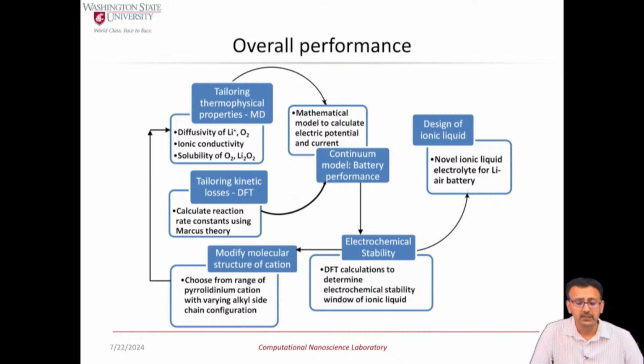And then in the case of a liquid electrolyte, the electrochemical stability becomes very important. Even if you have an electrolyte that performs pretty well in terms of its current voltage characteristics, it may not be durable. So at that point you have to also test how durable your electrolyte is by doing calculations at the quantum mechanics level to calculate the electrochemical stability of these electrolytes.